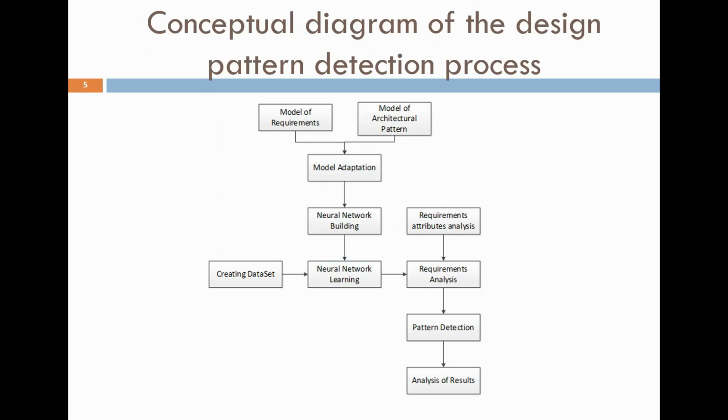Here, two models are used as input data: the model of requirements and the model of architectural pattern. The process of adaptation includes procedures of building quality in use, external and internal quality models. After that, the neural network is constructed and trained. The output of the neural network is the probability of the best architectural patterns which respond to the requirements.